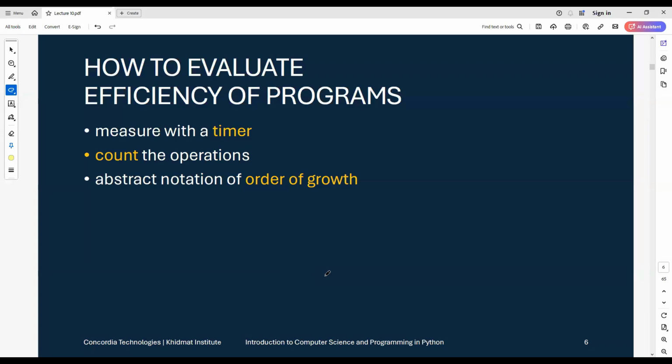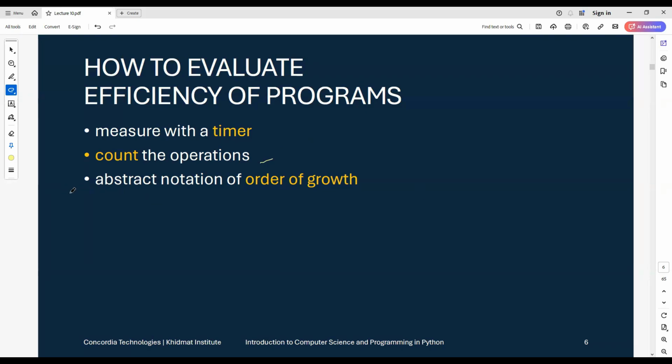Secondly, we can count the operations, and we know how much time it takes a computer to do simple operations like plus, minus, multiplication, or equality check. We can count those operations and simply represent an equation that represents the efficiency or complexity of our program.